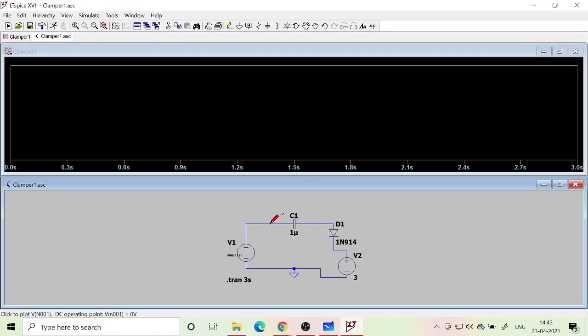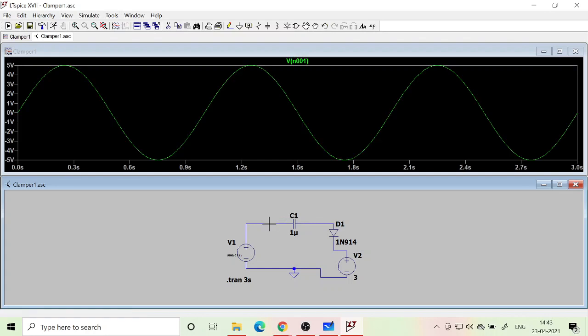So let's see the input. It's a 5 volt peak sine wave, 3 cycles, because I have set the stop time of simulation as 3 seconds, and then the output is taken from here.